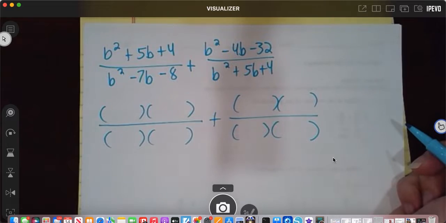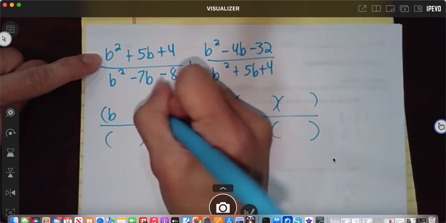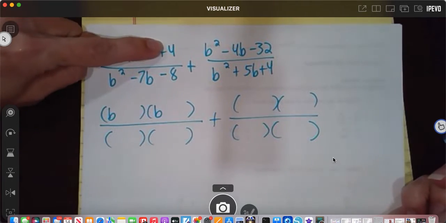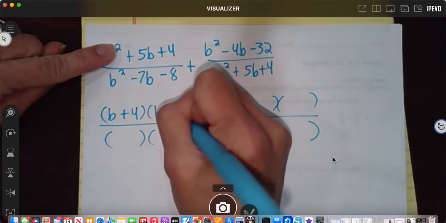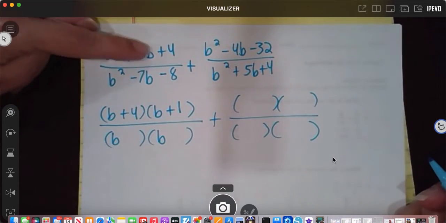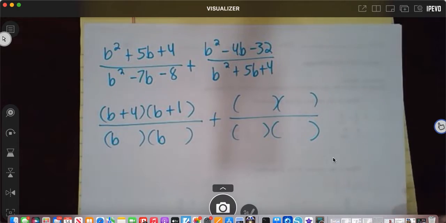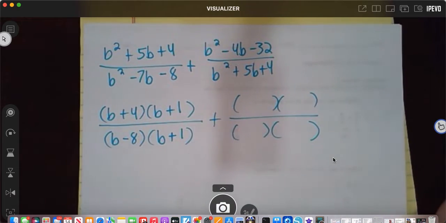I'm assuming I did. Now this one I'm gonna have B and B, and what about for 4? 4 and 1. Okay, and this one, B and B, and there's a lot of B's and positive 1. That's right. A negative 8 and a positive 1. Is everybody okay with this? Yeah.